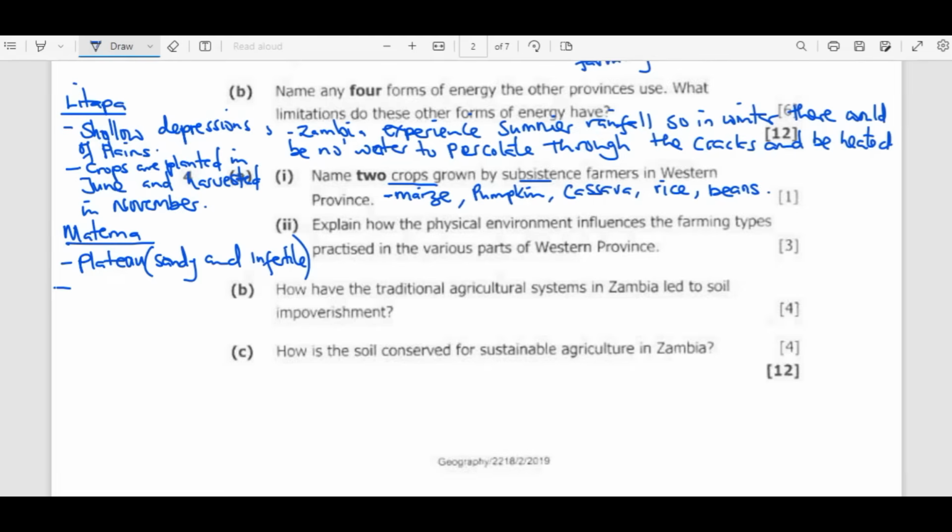So the first thing they do is cutting of branches and leaving them until they dry up, and they are burnt.